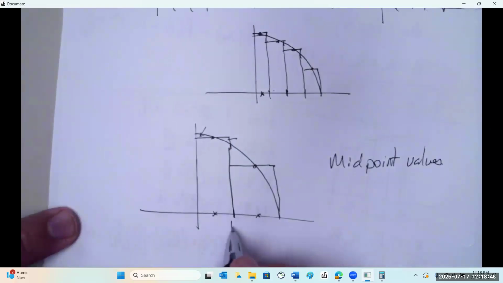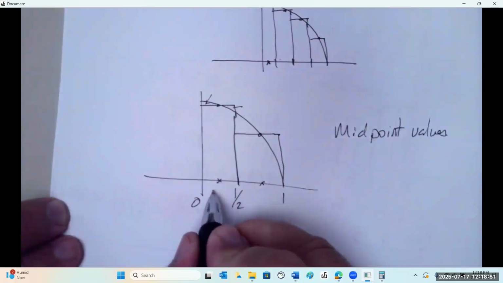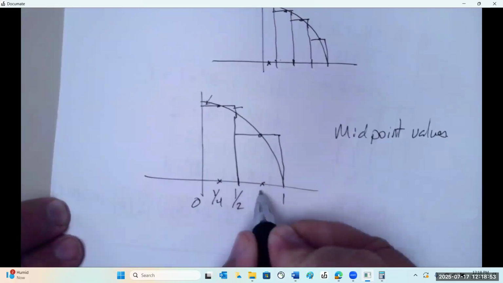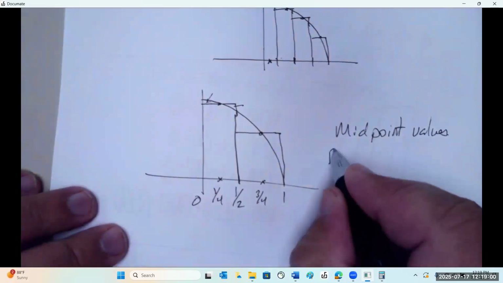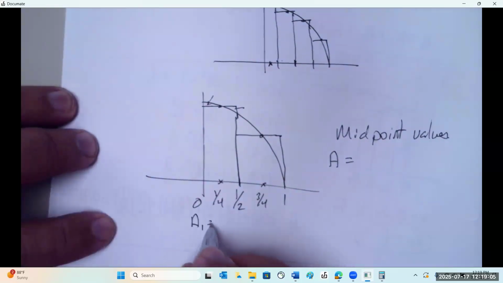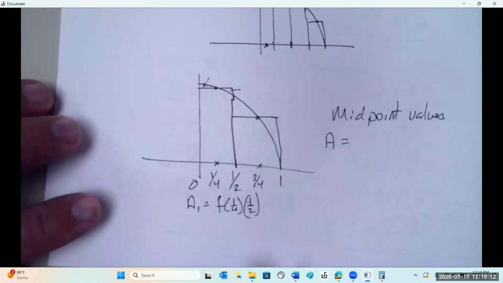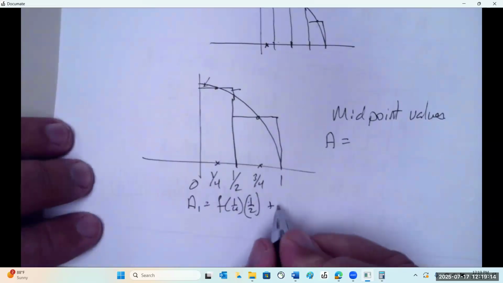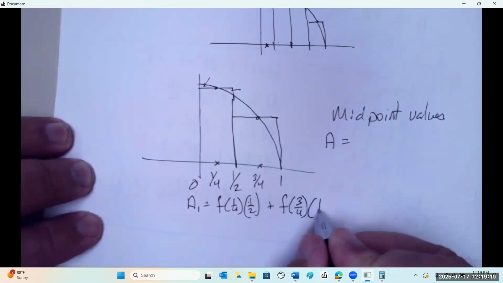Okay, so we took this first one from two spaces. So we're going to use 1/4 and 3/4. So the true area, the midpoint area: the first one is f of 1/4 times 1/2, because that's still the width of it, plus f of 3/4 times 1/2.